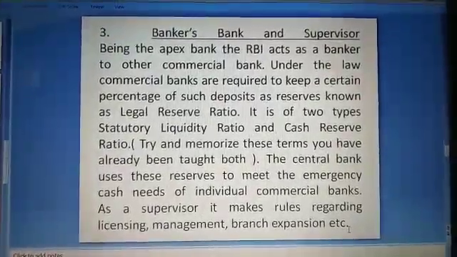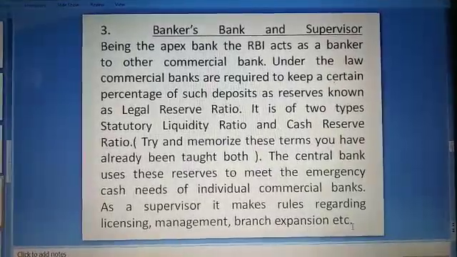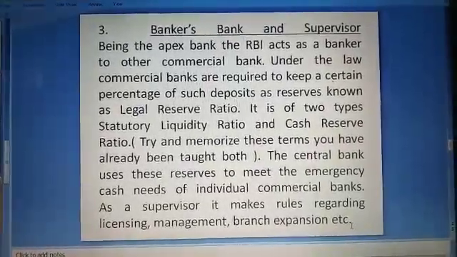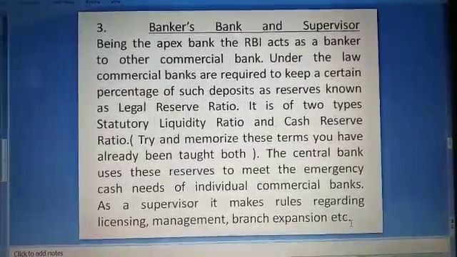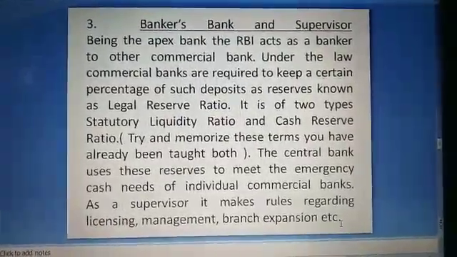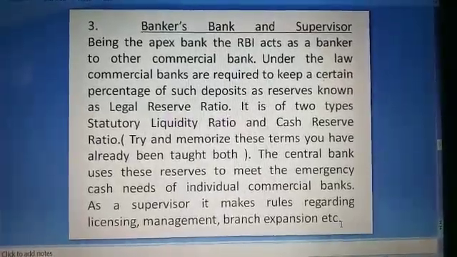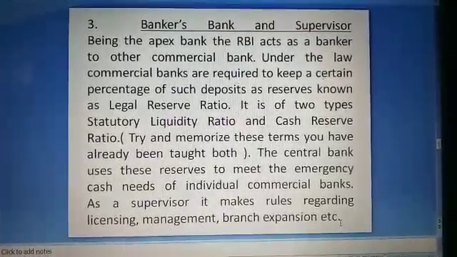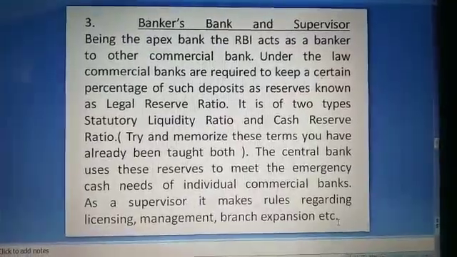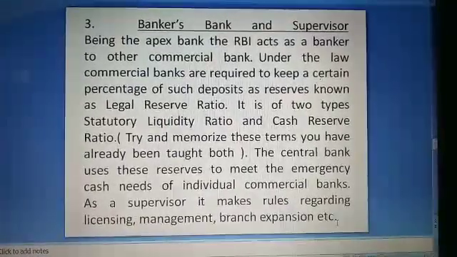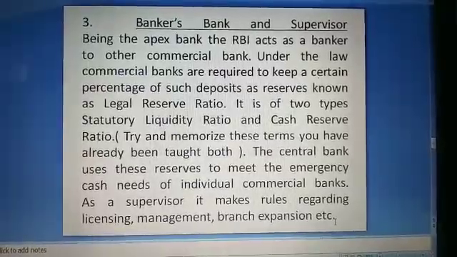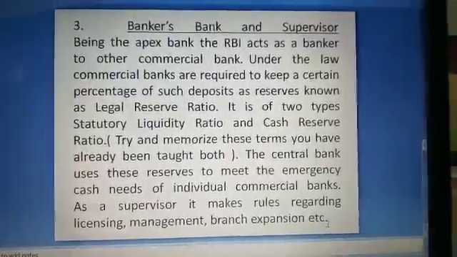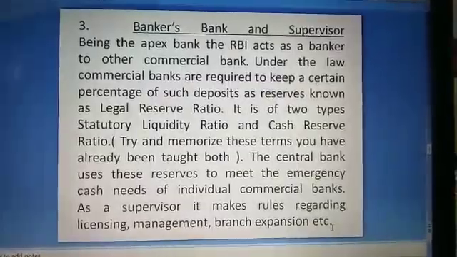Under the law, commercial banks are required to keep a certain percentage of such deposits, which is known as the legal reserve ratio. Now, this legal reserve ratio is again of two types, that is, statutory liquidity ratio and cash reserve ratio. I'm sure you can recall these terms that were taught to you in the previous lesson.